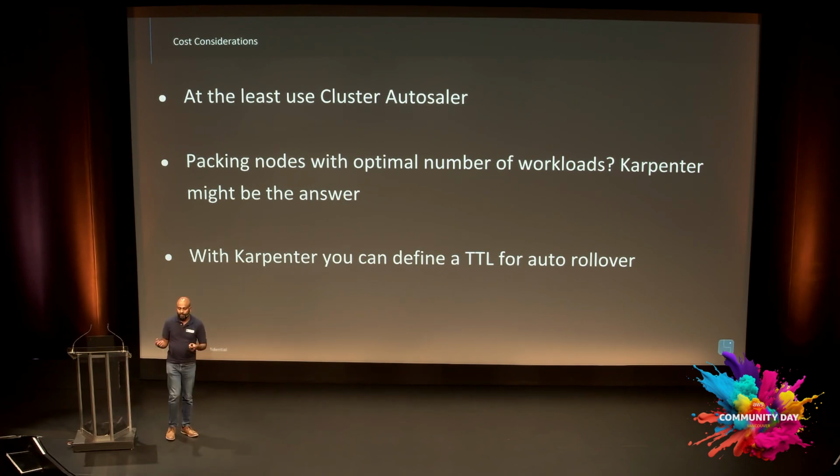There's a project called Carpenter. It's started by someone from AWS. It's also now used on Azure. It's an open source project with some good support on AWS. What Carpenter does is, instead of us giving a static pool of nodes, Carpenter decides what's the optimal VM size for your workloads, right?